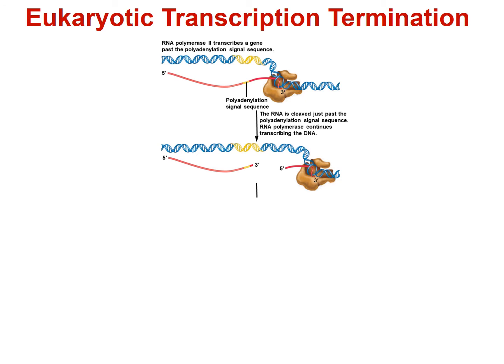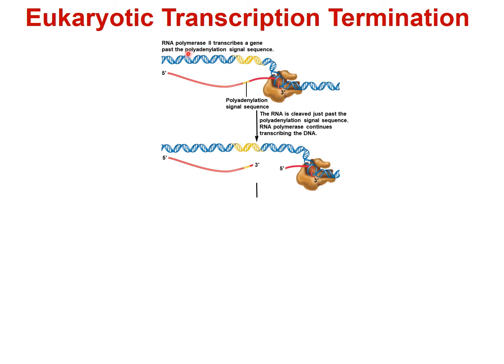So we initiate transcription, we elongate transcripts, and then we need to end transcription in eukaryotes. How does that occur? There are a couple of models for how this occurs. We're talking about RNA polymerase II.